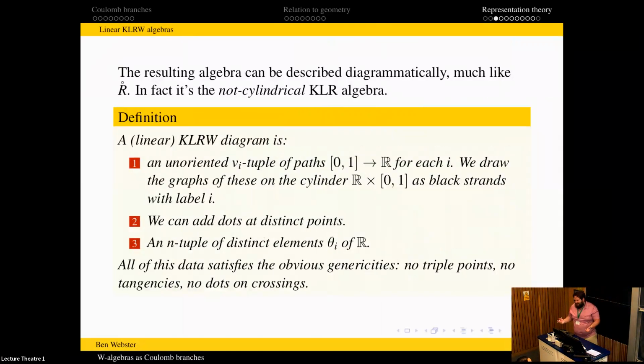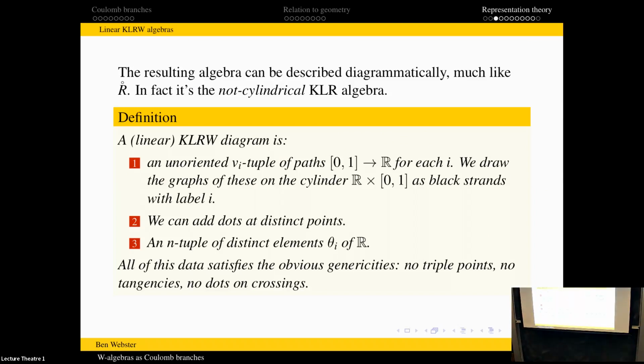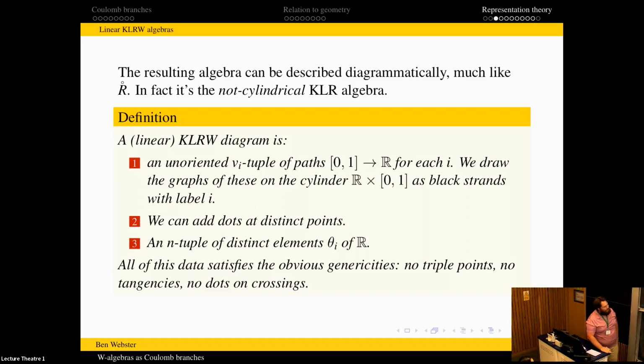Okay, well then you might say, how am I supposed to think about all these co-characters and what's positive and what's negative? But it turns out there's a good accounting method for it, which is exactly what we did before, but on a line instead of a cylinder. So I take not the cylindrical, but the linear KLR W algebra.